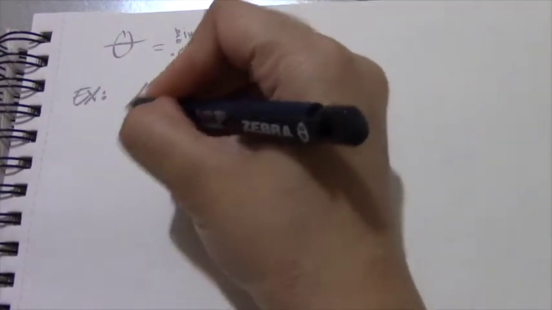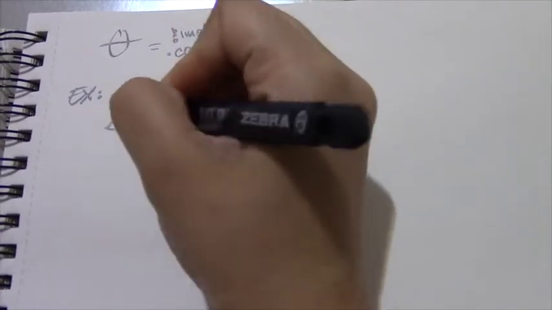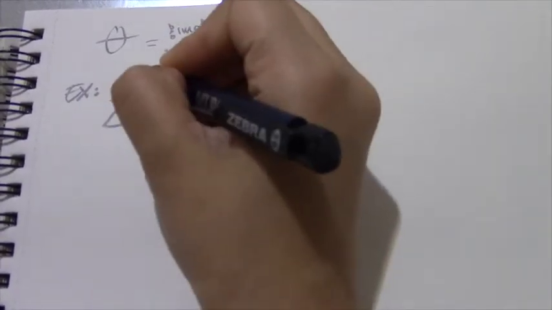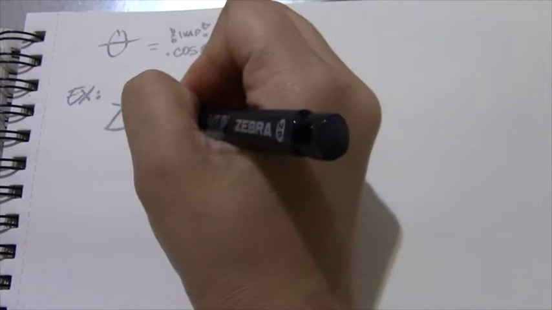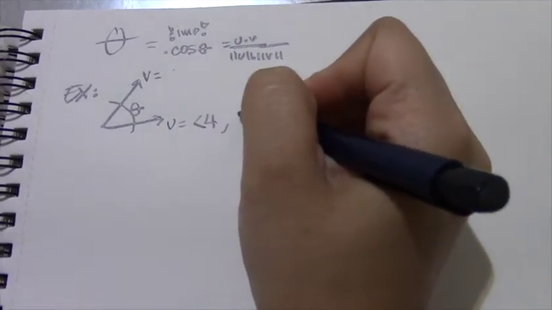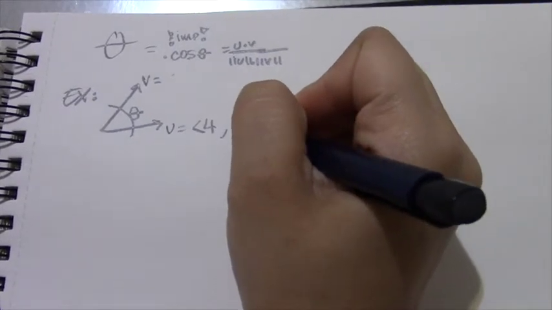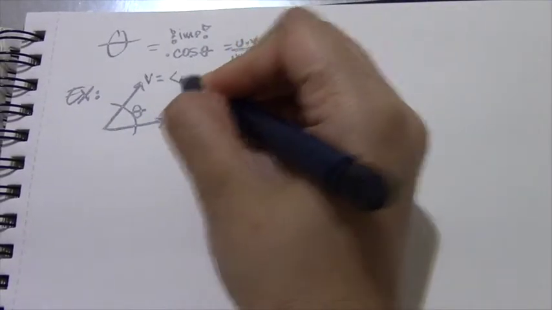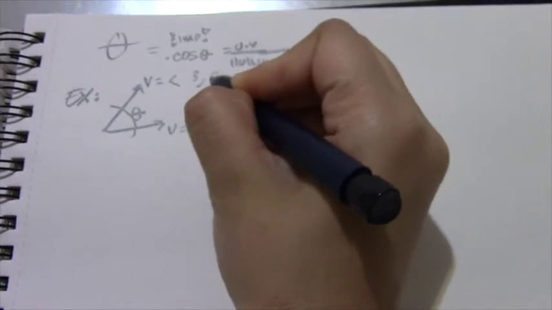An example for finding theta in a vector would be having your U and your V, U being 4, 3, and V being 3, 5.